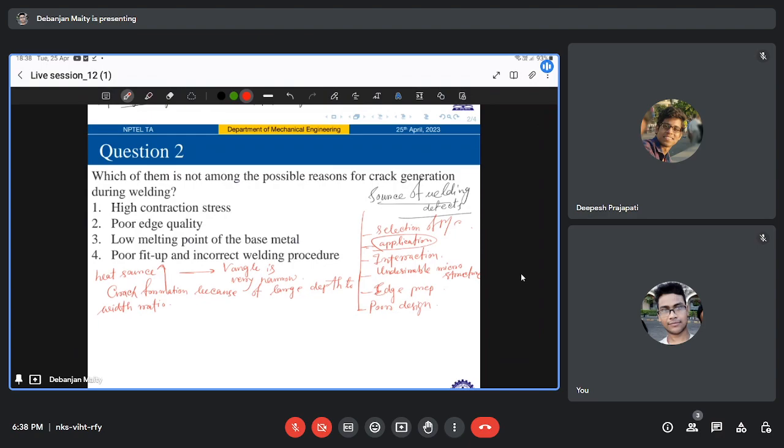So once you have that interaction, that may result in an undesirable structure, or you can have some brittle zone formation, and that may result in what we call lamellar tearing, right?